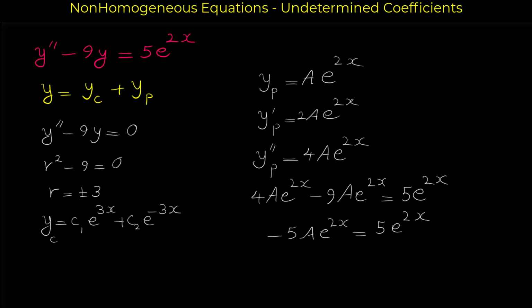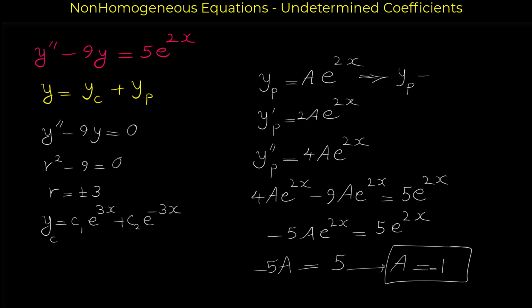Now again, if we equate the coefficient of e to the 2x on the right with the coefficient of e to the 2x on the left, the coefficient on the right is 5, and on the left is negative 5a. From this, a is negative 1. Now if we plug in negative 1 here, the particular solution is negative 1 e to the 2x.